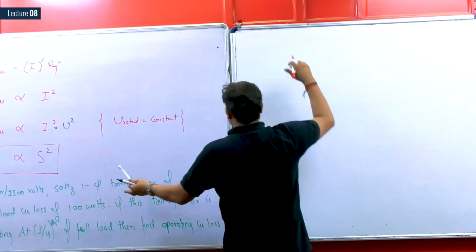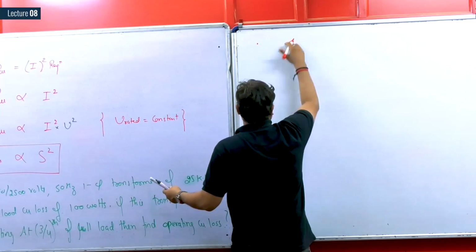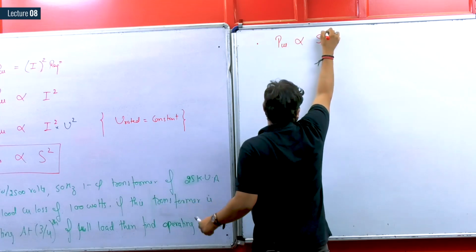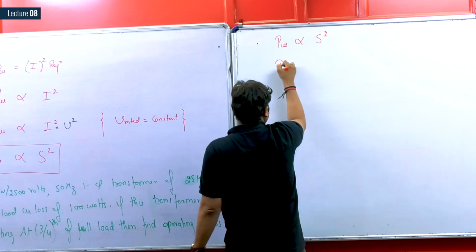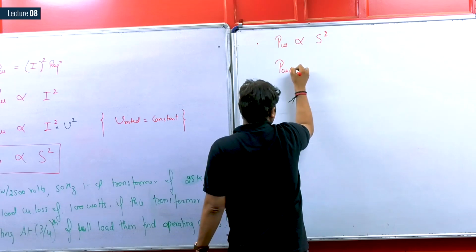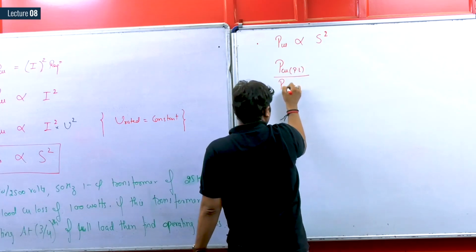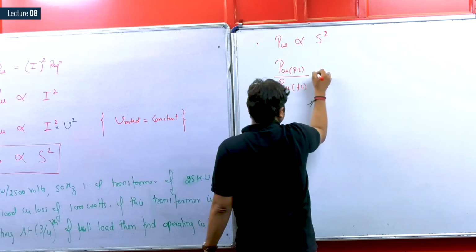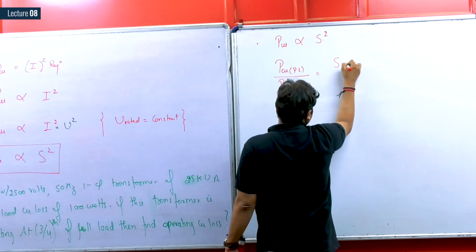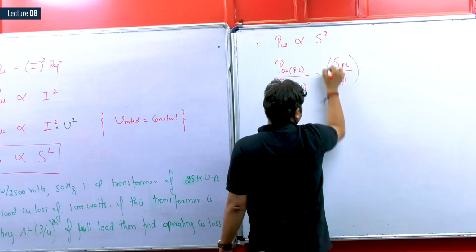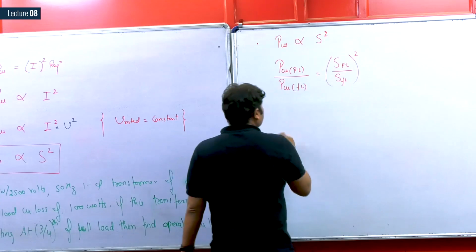Okay. Now please see. Since copper loss is proportional to operating kVA square, operating copper loss, let it be partial load copper loss, upon full load copper loss is equal to operating kVA, that is partial load kVA, upon full load kVA, that is rated kVA, whole square.